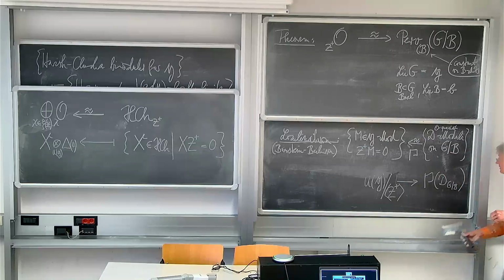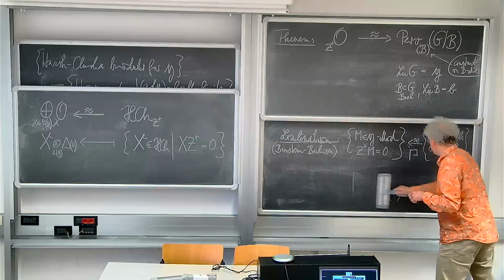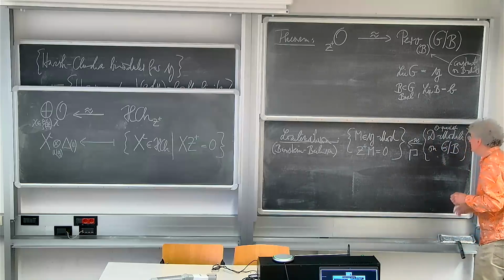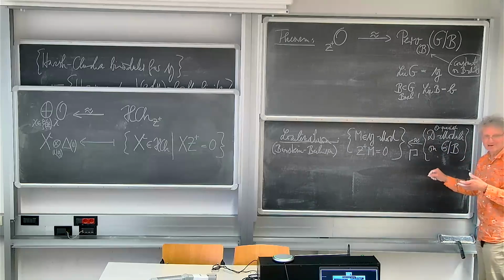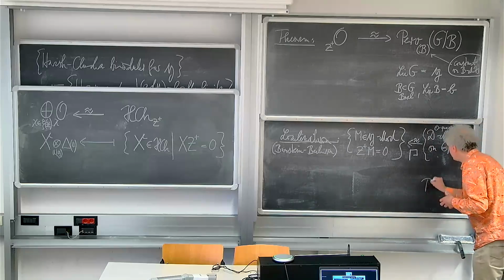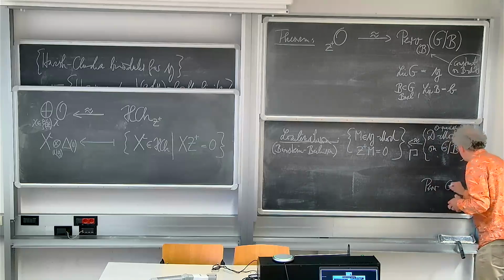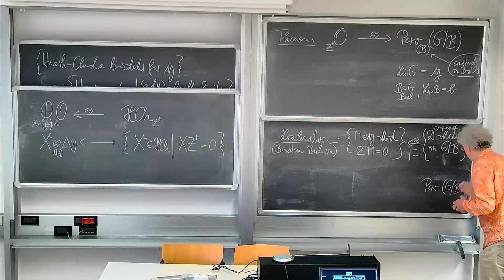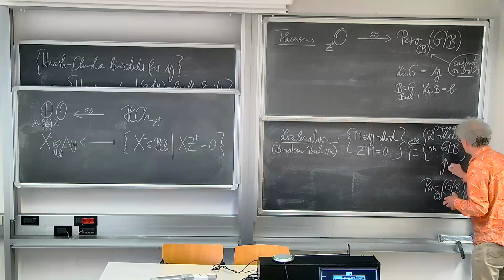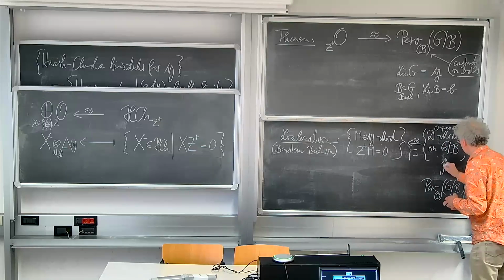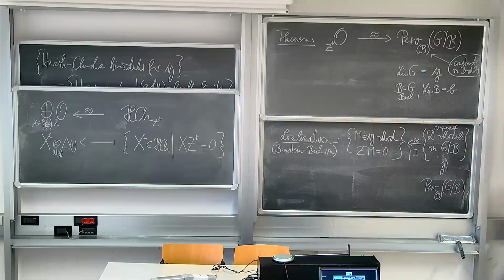And now there is this Riemann-Hilbert correspondence. So we can take here the perverse sheaves on G mod B, which are locally constant on the orbits, and we consider them as a subcategory by the Riemann-Hilbert correspondence.